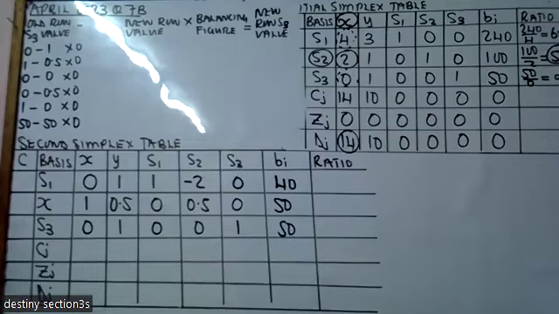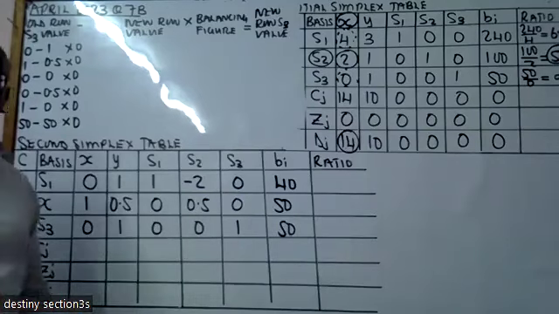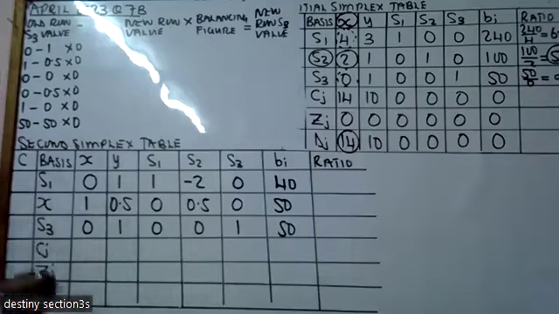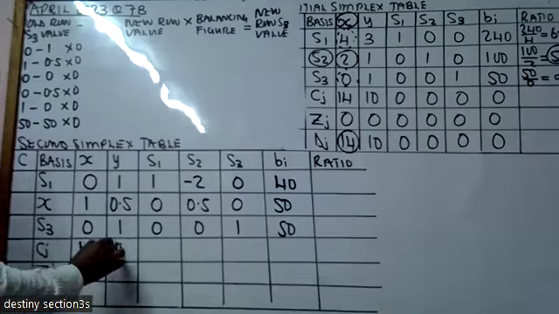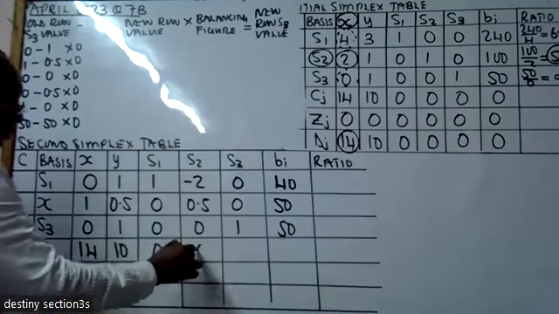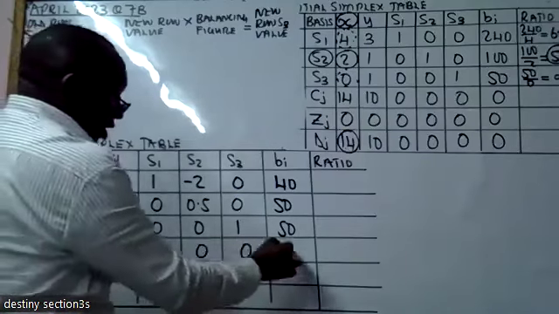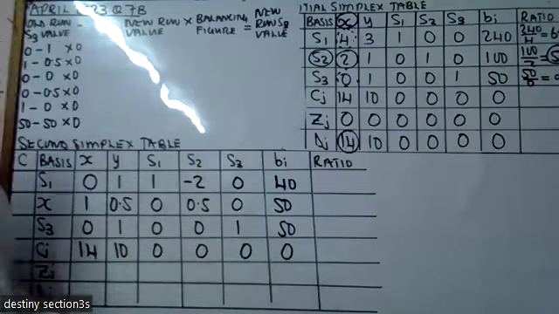Sasa CJ, I told you the values for CJ, they remain constant. So put 14 here, put 10, 0, 0, 0, 0. Values of CJ, they remain.